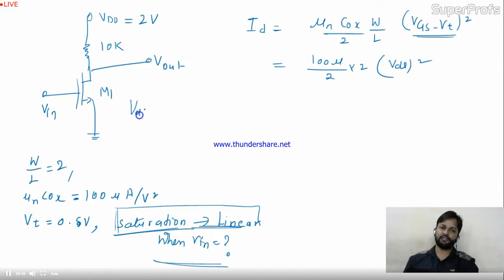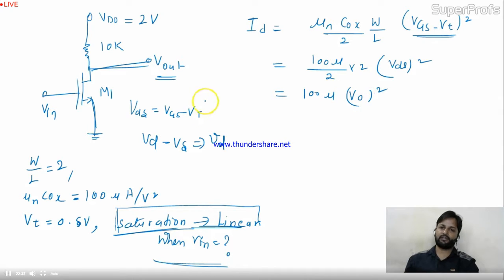Because in saturation VDS is nothing but VGS minus VT. This is okay. And VDS is VD minus VS. What is VS? VS is directly connected to 0. So this will be equal to VD only. And VD is nothing but V output. So can I write this: 100 micro equal to V out square. And this is ID, equation 1. Is it okay to you?